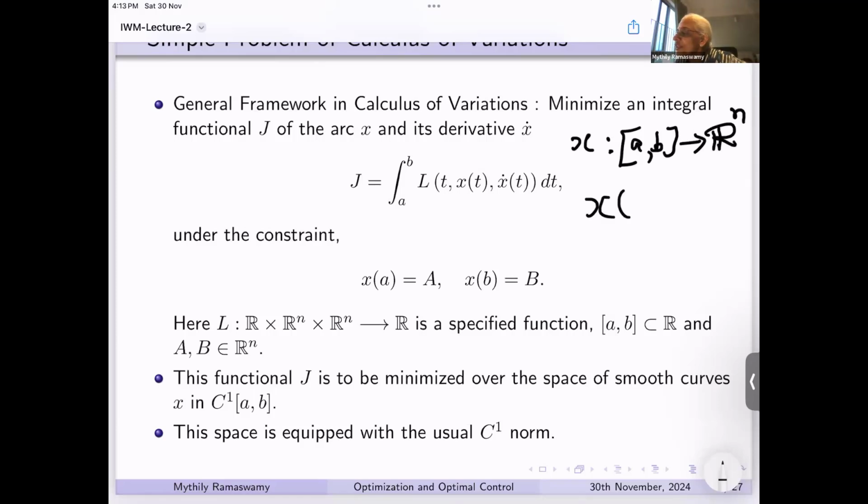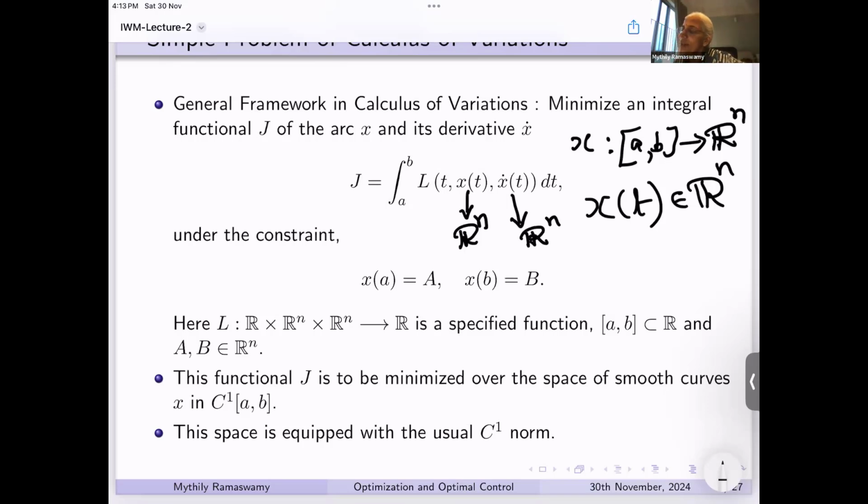So X of t is not a real number, but it's a vector in Rn. Okay, so that is why I wrote x(t) is sitting in Rn. Now, if x(t) is sitting in Rn, x dot t will also be sitting in Rn.